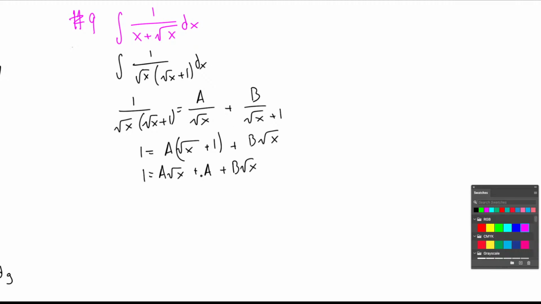Now we know that a plus b has to equal 0, and a has to equal 1.